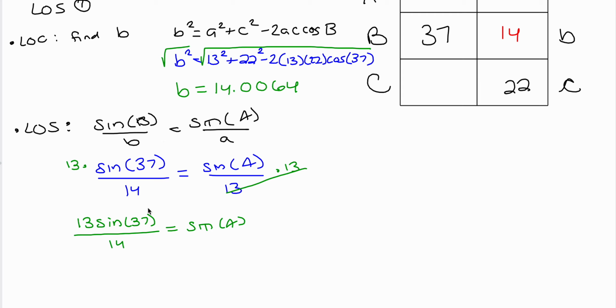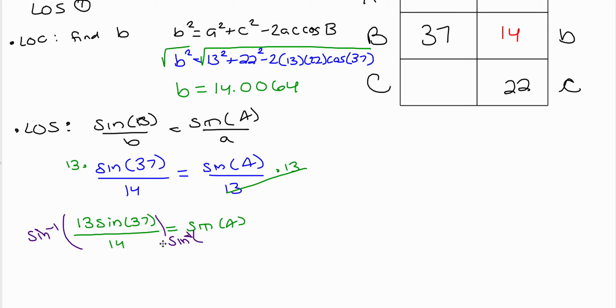I'm not going to plug this into my calculator in pieces because this will give me a really bad decimal. So I'm going to plug it in one time and get the final answer. I need to do the inverse of sine, which is sine inverse, of this entire fraction.